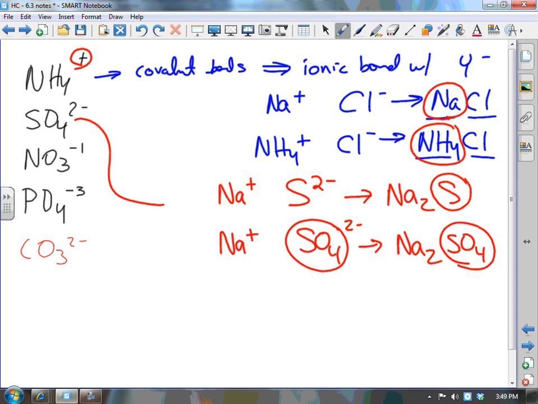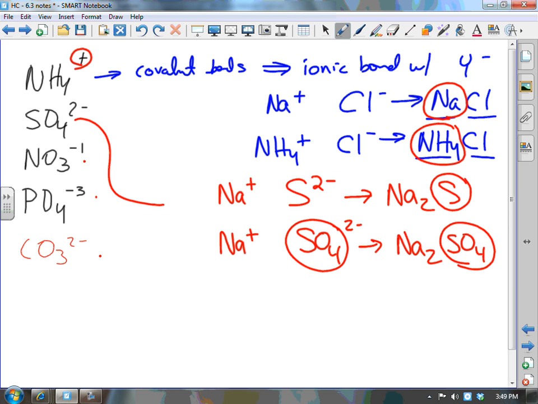So we can treat everything exactly the same way, whether it's a single atom ion that's positive or negative, or a polyatomic ion that's positive or negative. The ionic bonding still occurs the same way. Opposites attract, charges have to cancel out, pluses and minuses, everything has to equal 0. This is what we're looking for.